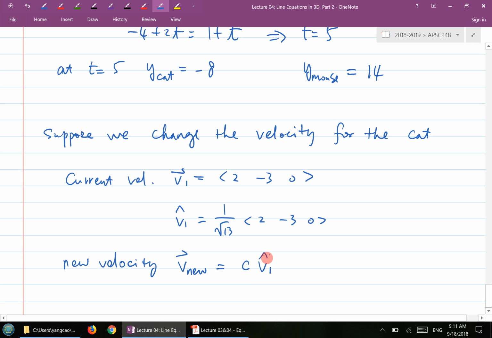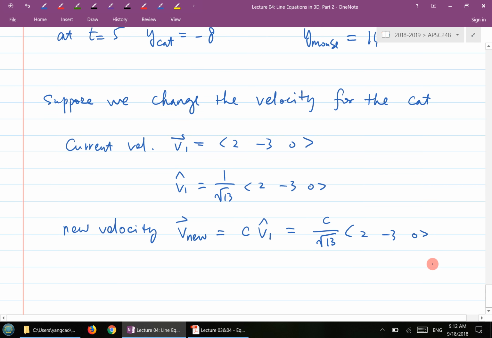It's going to be a multiple of this unit vector, which turned out to be c times 1 over root 13 times 2, negative 3, 0. That's the new velocity. I just don't know what c is yet, but I want to find a proper value for c so that the cat can catch the mouse.